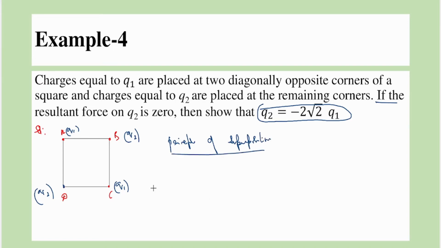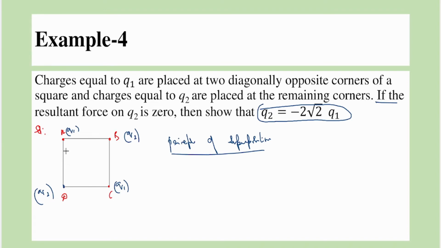We'll find the forces one by one. We'll find the force which the charge at point A exerts at point D. Now we don't know whether Q2 is negative or positive. So to understand this, we'll assume a case where all the four are positive. If that is the case, then we'll find the forces first.